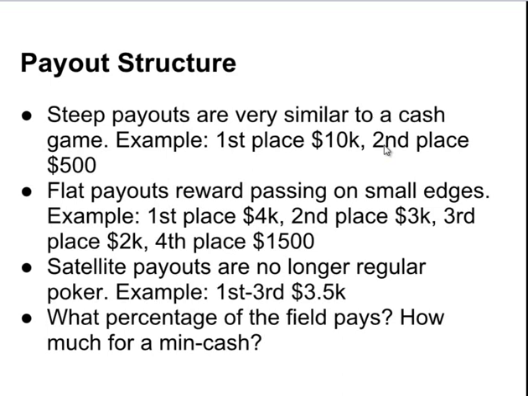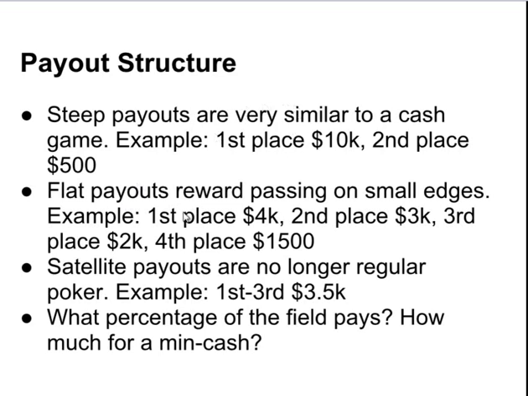Other than this special case scenario of a steep payout, in every other payout, chips are going to have significantly decreasing marginal value, and you're going to have to adjust to different structures just how much they are. So I have here an example of flat payouts, and basically what flat payouts do is, unlike a cash game, they better reward you for passing on small edges.